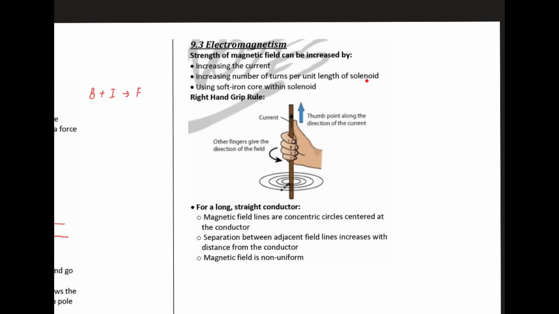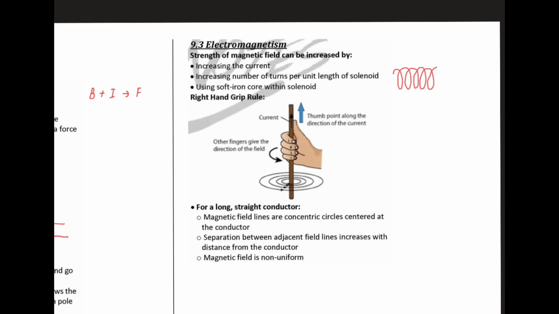This will increase the strength of the electromagnet as well. So this is for solenoid. You have to know that solenoid is where they put the wire into a coil, something like this. So if there are more coils, of course the electromagnet should be stronger. So you increase the number of turns per unit length. That means, for example, per meter. Increasing the number of turns per meter will make the electromagnet stronger.